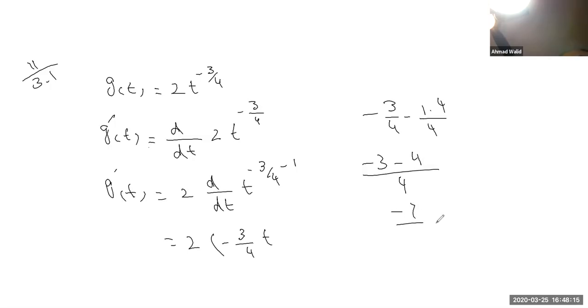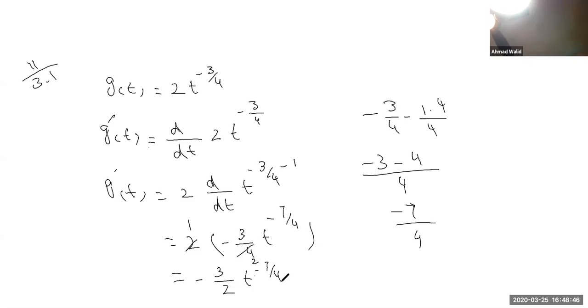Negative 7 over what? Over 4. Then here 2 times negative 3/4 t to the power of negative 7 over what? 4. Last step, multiply. Can I cancel 2 with 4? Yes. 1 time, 2 times. Then my answer is negative 3/2 t to the power of negative 7 over 4.